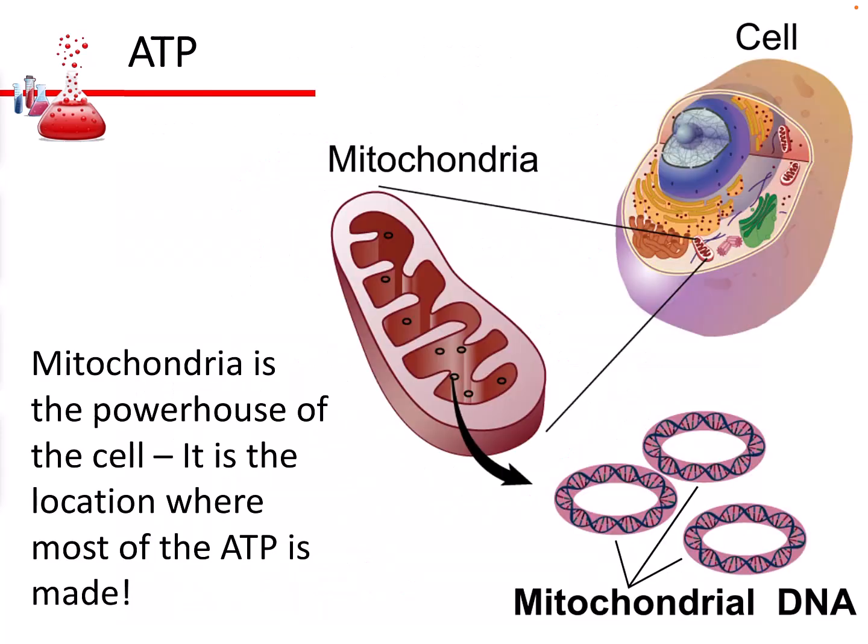So this process takes place inside the mitochondria, which is noted as the powerhouse of the cell. It's the location where most of our ATP is recycled. So you can see the mitochondria contains 2 membranes, that inner one that is all wrinkly and the outer one that is maybe more circular or smooth. It also contains its own DNA.